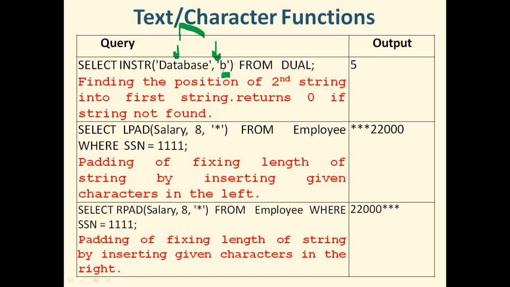So as you can see, it is searching B in database. If it is available, it gives you an output of position. We are getting the output 5. But if it is not available, the output is always 0. So once again, to summarize, it returns 0 if a string is not found, and it returns the position if a string is found. Let us see this in practical.